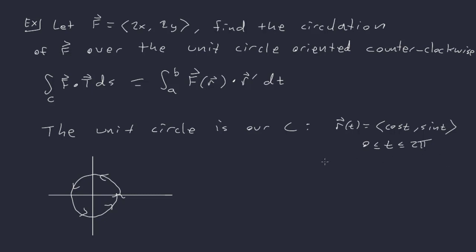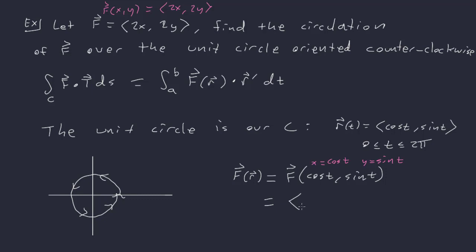We found our r. Perfect. Now we need to find F of r. What I mean by F of r is F of cosine t, sine t. In other words, this is capital F of x, y equal to 2x, comma 2y. So what we're doing is putting cosine t in for x and sine t in for y.